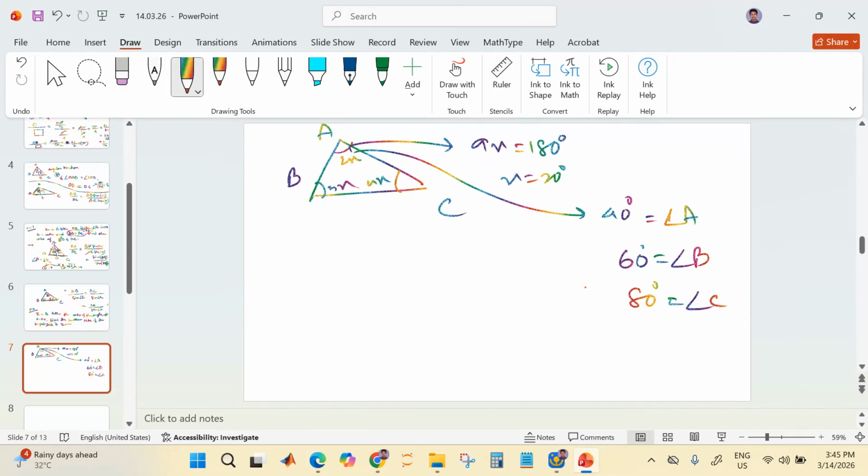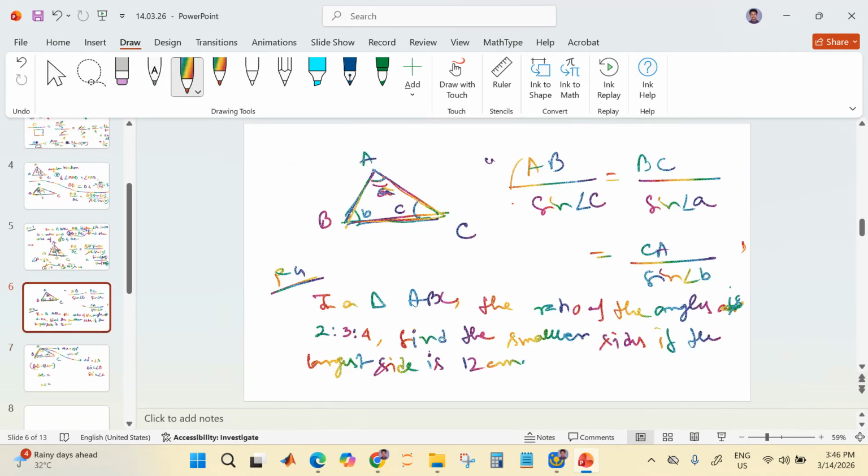So what is the largest side? Largest angle's opposite one. So AB is the largest side. The value of the AB is 12 centimeters. So you have to find these two sides. So what is AC and what is BC in context of AB? Find the relation with the AB first.